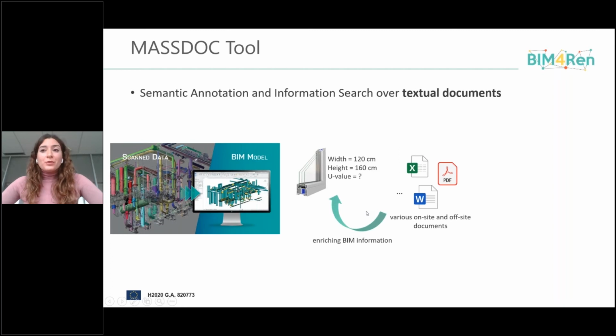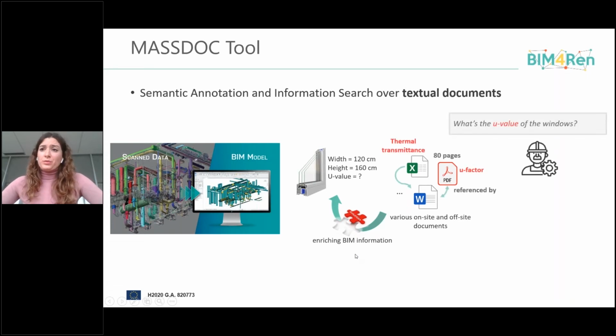This information is usually found in various on-site and off-site documents, for example, technical documents, audits, interventions, and so on. So we need a solution to help the user extract this information from these documents and accelerate the BIM enrichment process.